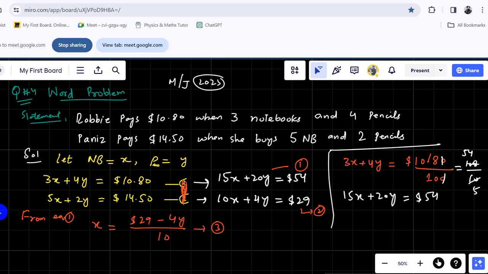Okay. So now, substitute this equation 3 in equation 2 or 1? In 1. Why? Because we are getting this value from 2, and we cannot substitute in the same equation. So put it in equation 1.